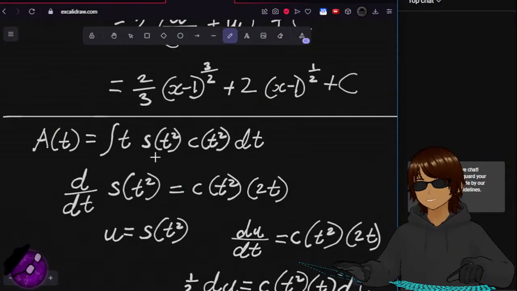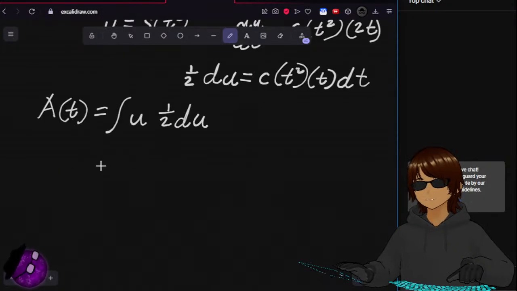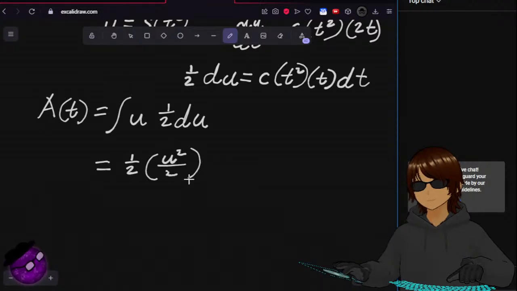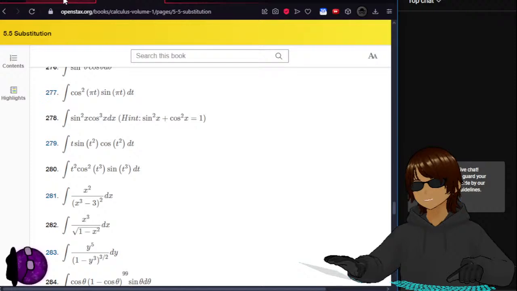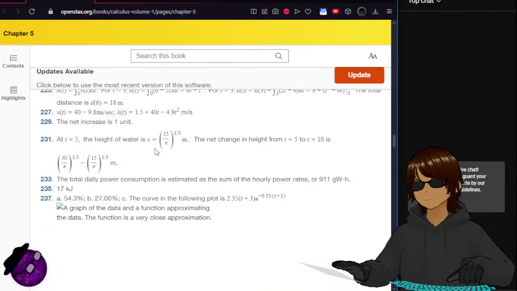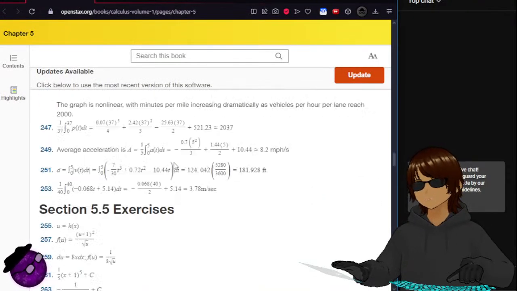Then replace sine t square with u, and then I can bring the half outside. Then I get u square over 2 plus c. What number is this? 279.